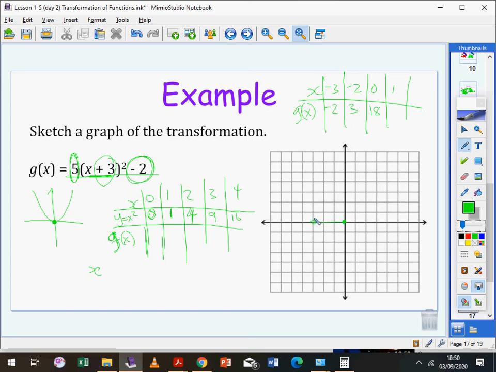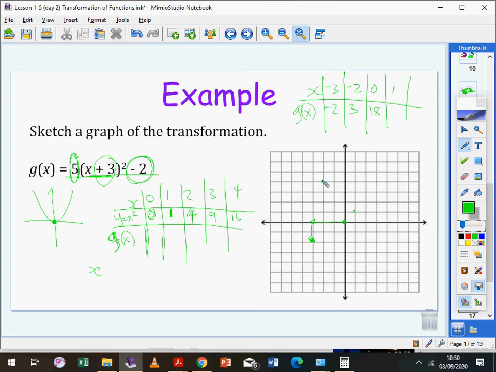Output is multiplied by 5, so 0 times 5 is still 0, and then move 2 units down. So it will end up here. Then the first point, which would have been this point, is moved 3 units to the left, so 1, 2, 3, multiplied by 5. 1 times 5 is 5, so 1, 2, 3, 4, 5, and then move 2 units down, which is 1, 2, end up there.